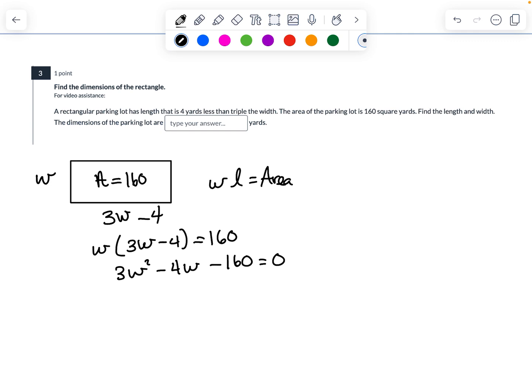And then I would take negative 4 squared minus 4AC, and that comes out to be 16 plus 12 times 160, 1936.